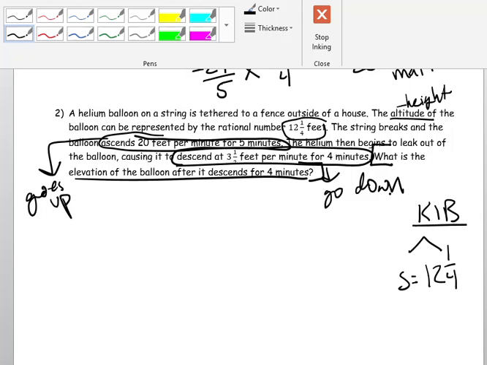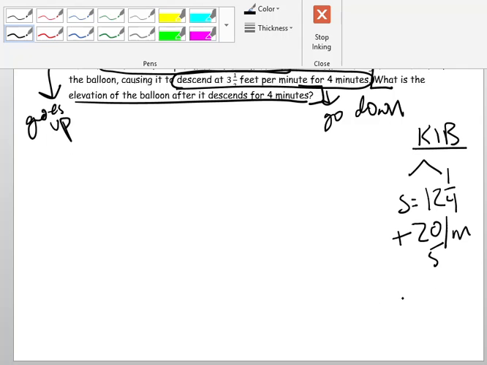I am first going up 20 feet per minute for 5 minutes. And then, let me move down here, I'm going to go down 3.5 feet per minute for 4 minutes. Woo, that's a lot.